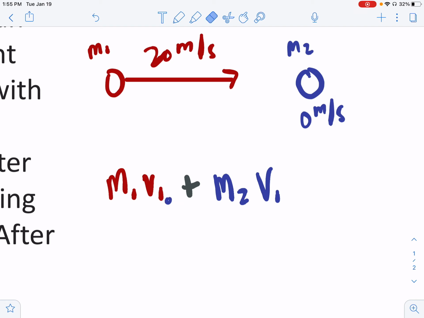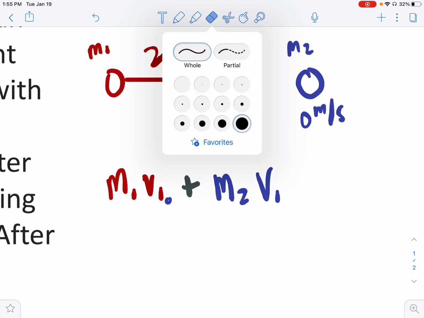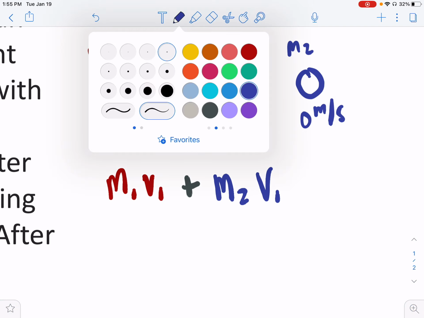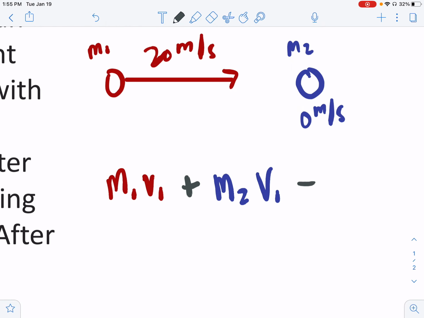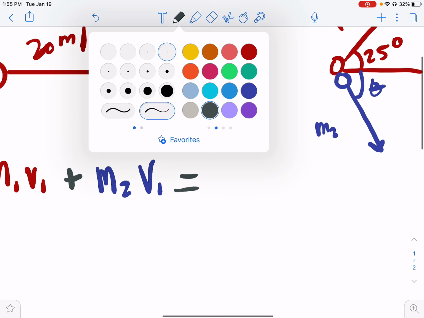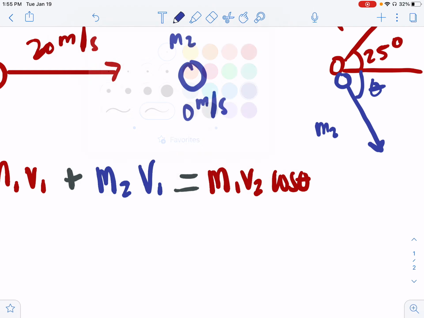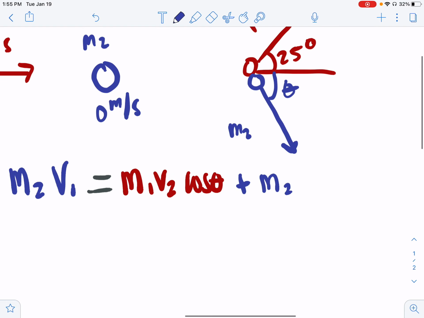We're going to color code here to make sure we know which ones are different. Those initial terms would then have to be equal to what they are in the end. If we're doing the x component, we're looking at the cosine. So it would be m1 v2 cosine of its theta plus m2 its final velocity and the cosine of its angle.